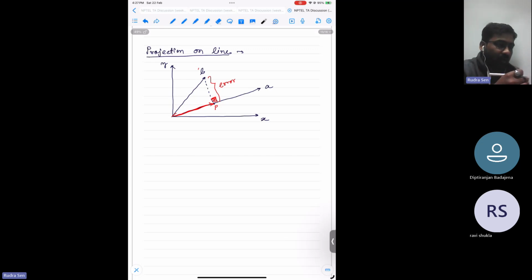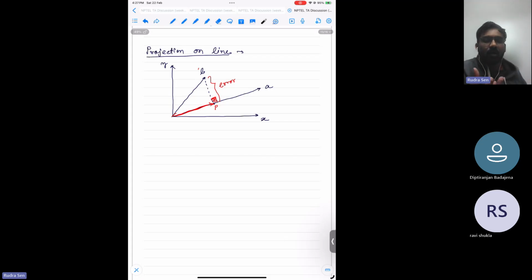It's something like when the system of equations does not have an exact solution. Sometimes there is a tall matrix, with more equations than variables, and we are not getting the exact solution of that particular system of equations. We just find the least square solution.